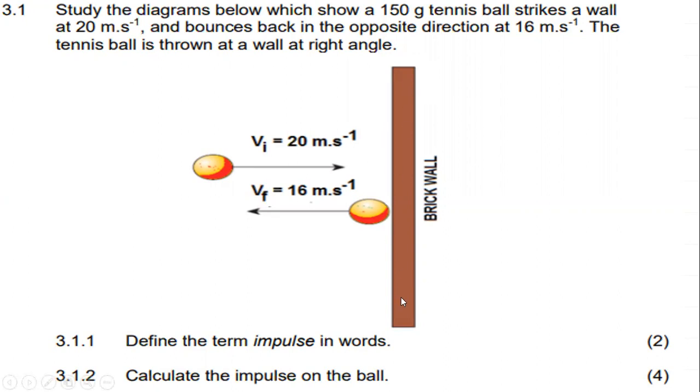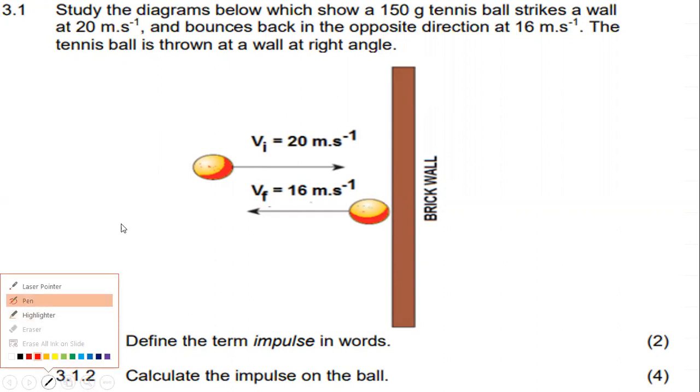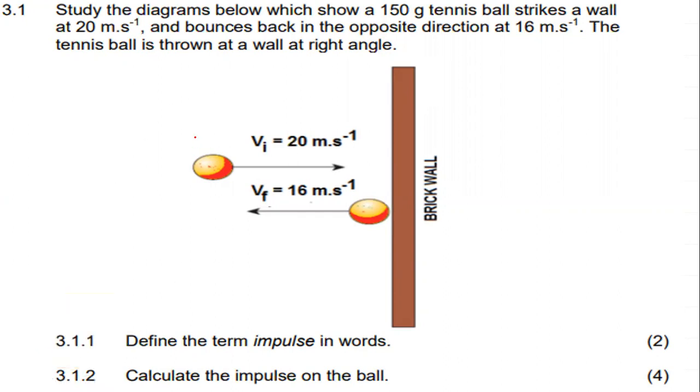We have our brick wall, and then we have a tennis ball, and I don't know what's happening there with Zoom. It's hiding my value there, but I'll write it there for you.